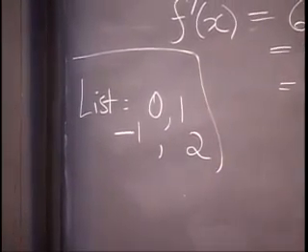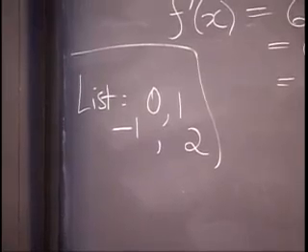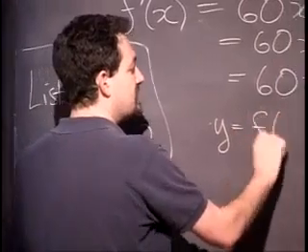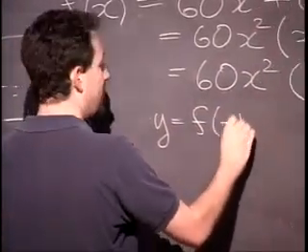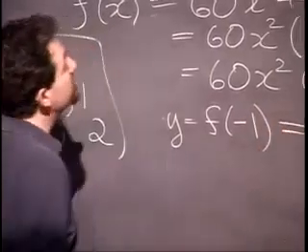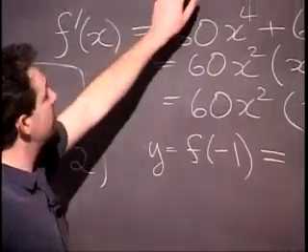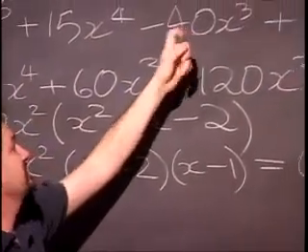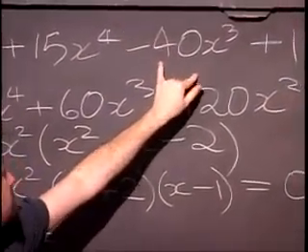So, how do I know which one is which? Well, I just plug them in. Plug into y is f of, say, minus 1. That's one of the ones on the list. If you plug minus 1 into the original equation, you get minus 12 plus 15 is 3, plus a further 40.